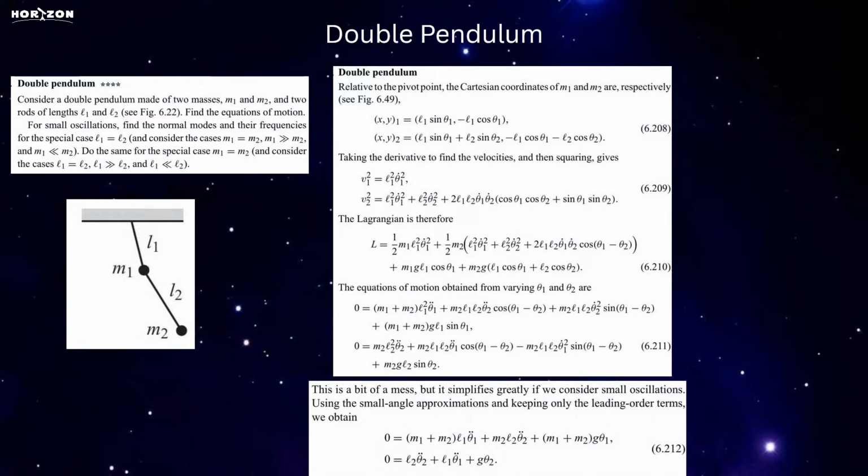And if you want to simplify it even further, we can consider small oscillation and a small angle approximation, and then we'll get these two equations, as you can see, 6.212, and it was pretty simple to find them. Unlike what it would have been if we tried to solve it with Newtonian.